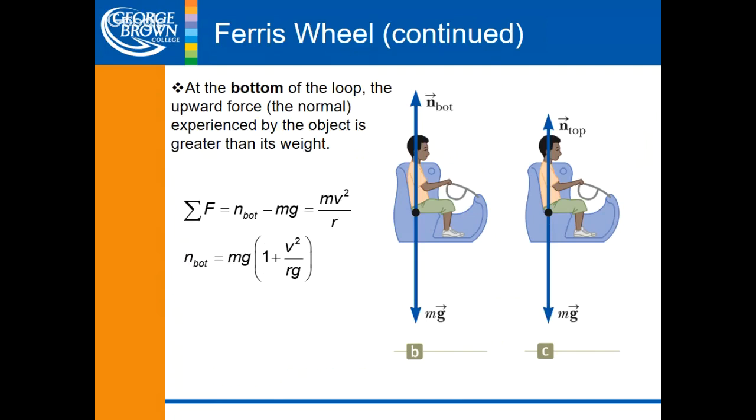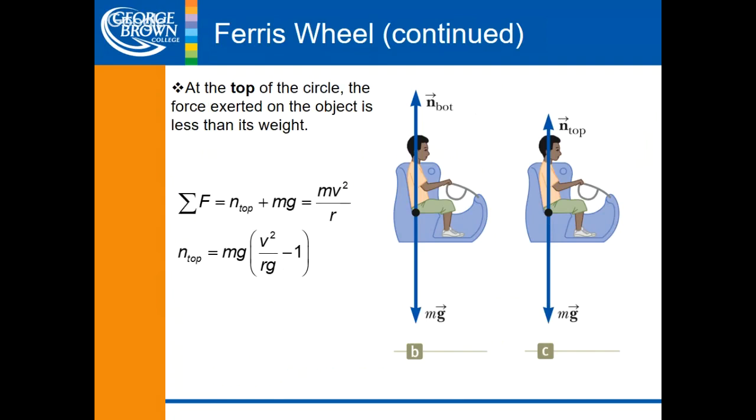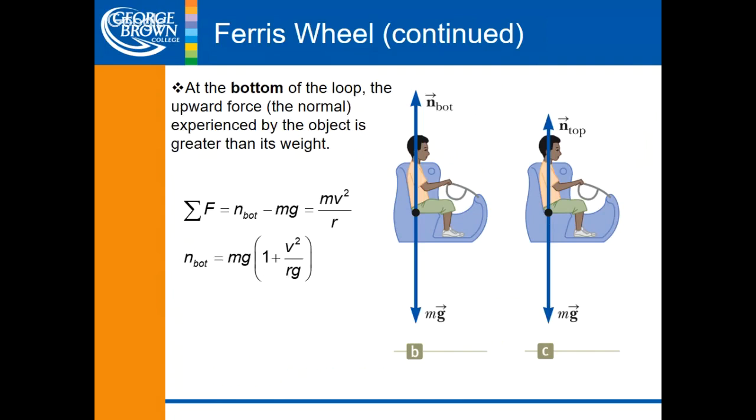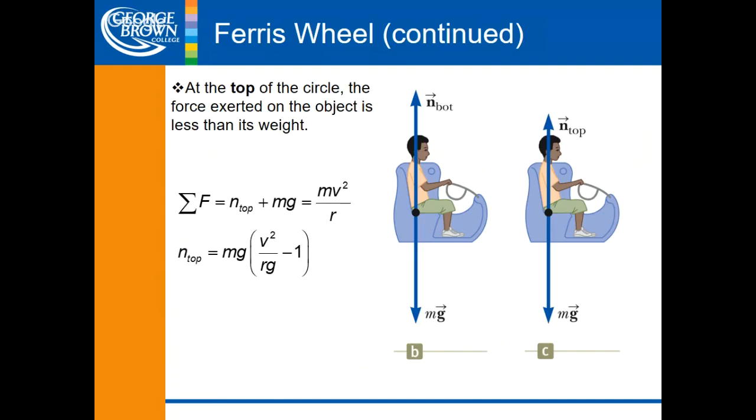All right, and it talks about this idea of there being two forces, one for the bottom of the loop, what happens at the bottom, and they give you a little formula for the bottom. They also give you a little formula for the top, and the formulas are different because on the bottom you have more forces pushing downwards, right? As an example, two forces pulling down as you go towards the bottom, and then on the top it's different. You actually have one force pulling down and another one pushing up.